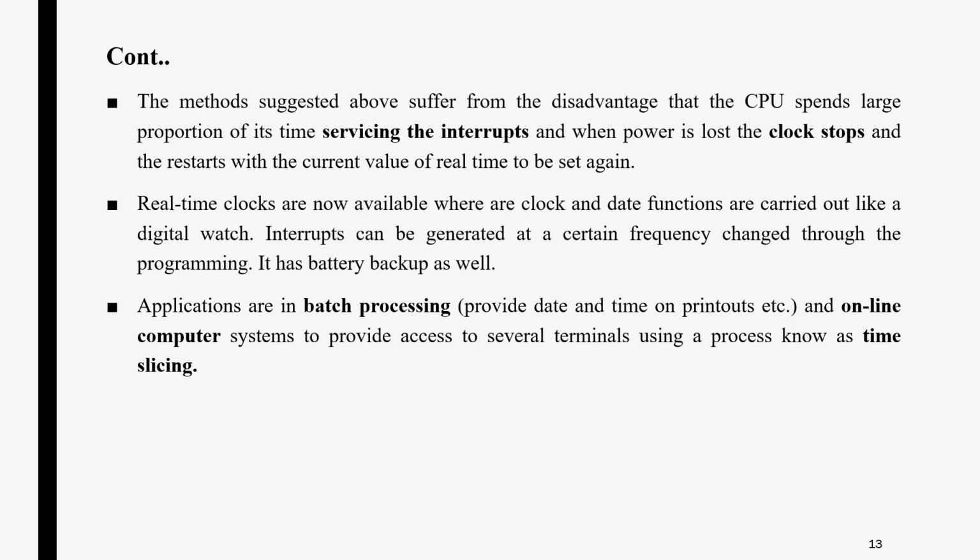So real time clocks are now available where the clock and date functions are carried out like a digital watch, and an interrupt can be generated at a certain frequency changed through programming. It has a battery backup as well. The applications are in batch processing, which provides the date and time in printouts, or in a time-sharing computer system providing access to several terminals using the processor, known as time slicing.